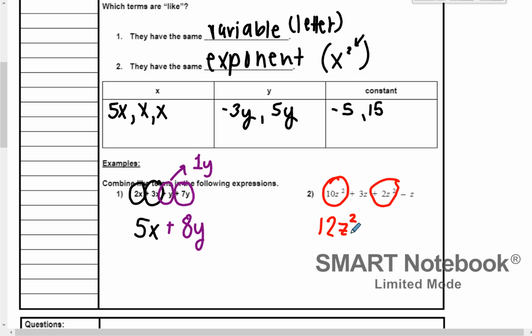I like to write my z's with that little line in between my top and bottom lines because then it doesn't look like a 2. Notice how my 2 could look very similar to that z. Then I have a plus 3z and a minus z. Remember, this minus z is minus 1z. So 3z minus 1z is 2z. Okay, just a little review.